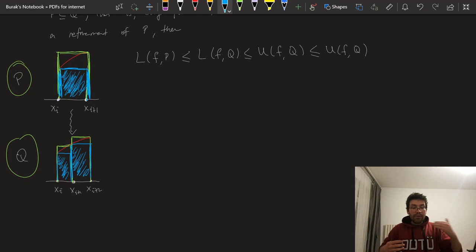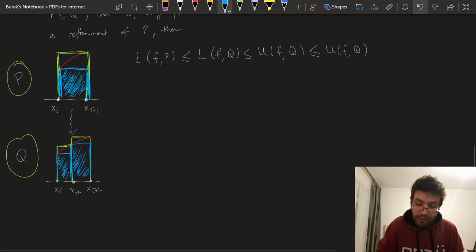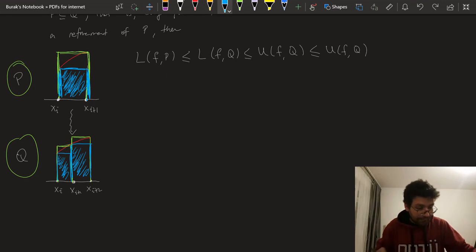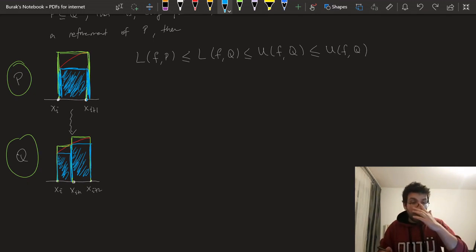But what's going to happen is with the new partition, the upper Riemann sum will possibly decrease. The point is it can't increase. And similarly, the lower Riemann sum cannot decrease. It may possibly increase. So if Q is a refinement of P, I have this inequality, which is basically the justification of the definition that is about to come.